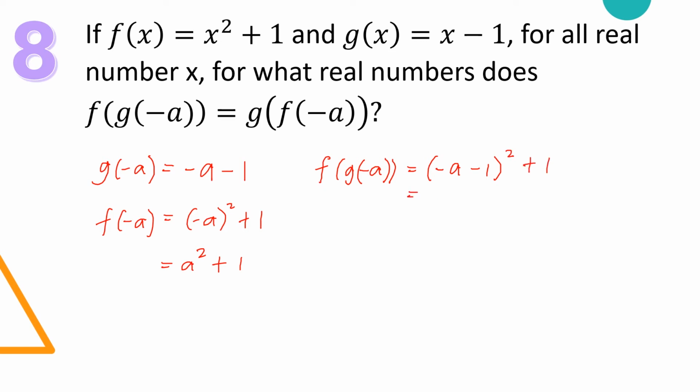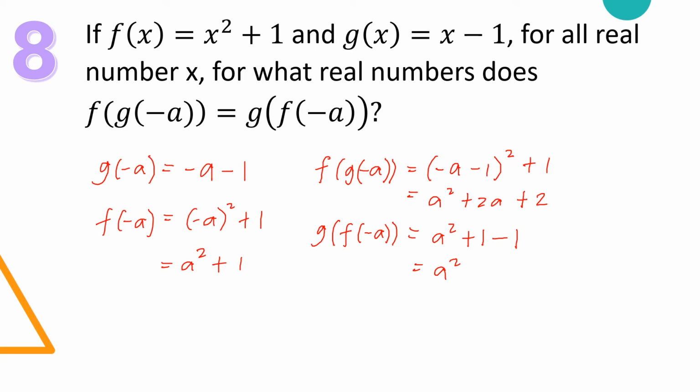And this is a squared plus 2a plus 1 plus 1, or a squared plus 2a plus 2. Next, let us have g of f of negative a, and that will be a squared plus 1 minus 1, and that is a squared.